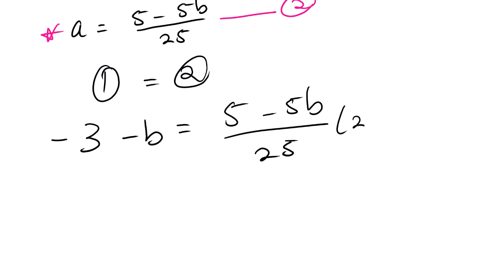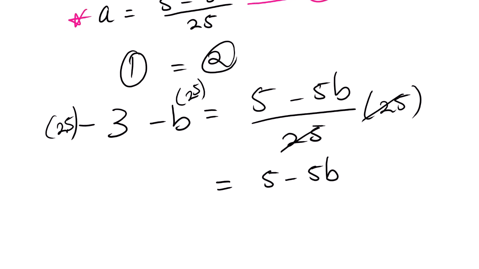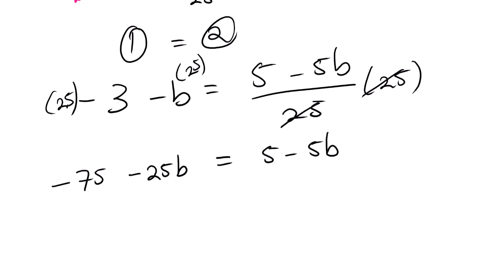We multiply both sides by 25, and also this term by 25. So this will get rid of this. On the right hand side you are left with this, and then 25 multiplied by -3 is actually -75, and then we have b multiplied by 25, which is -25b.